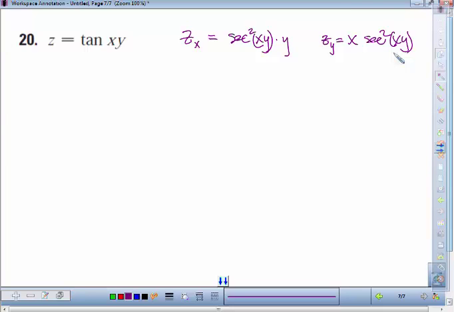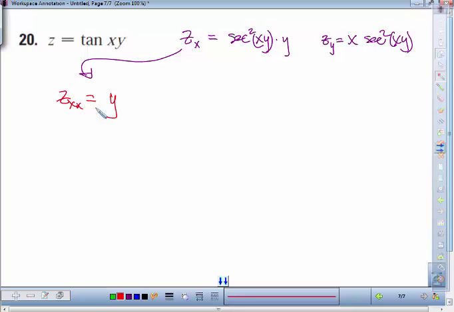Okay. So now, here's where we begin looking at the second order partials. Let's find zxx. So what we want to do is take the derivative of zx with respect to x. Now y here is a constant with respect to x, right?